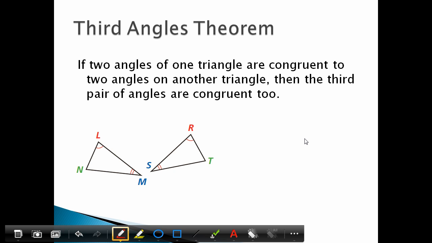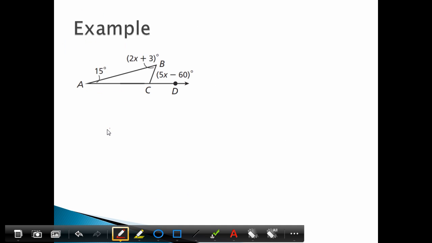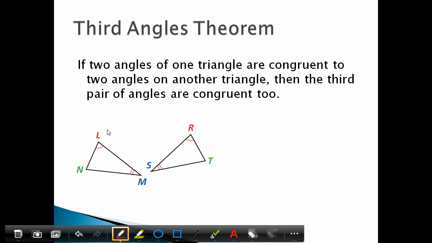Next theorem, third angles. It is what it sounds like. It is a third angle, kind of like a third wheel kind of deal. We got two angles of one triangle are congruent to two angles of the other. So we got, as you can see, L is congruent to R. It's right there. We know that M and S are congruent. So we got two angles of one, L and M, congruent to two angles of the other, R and S. Got that.